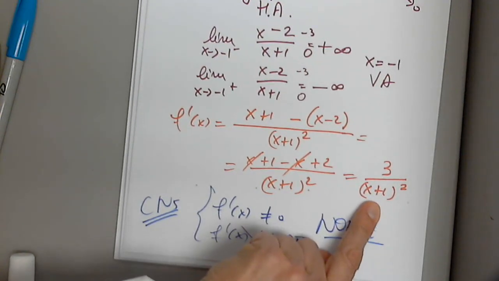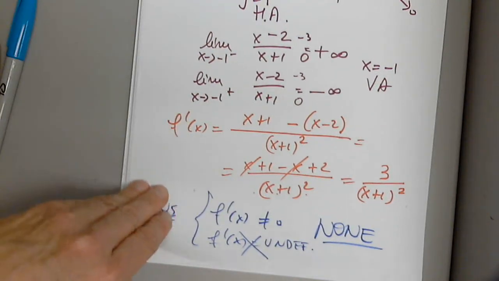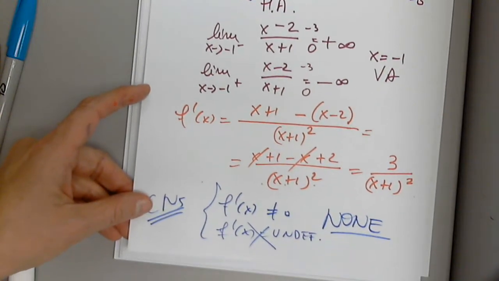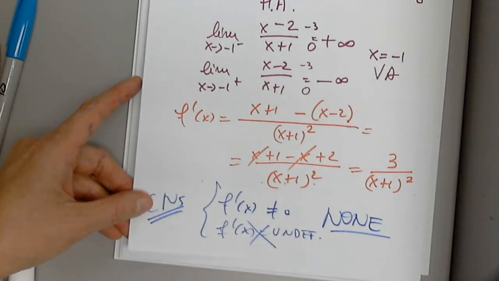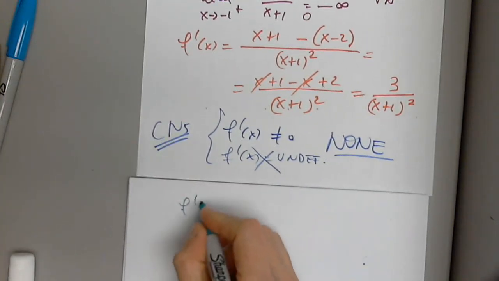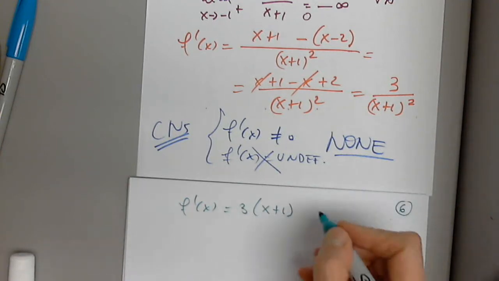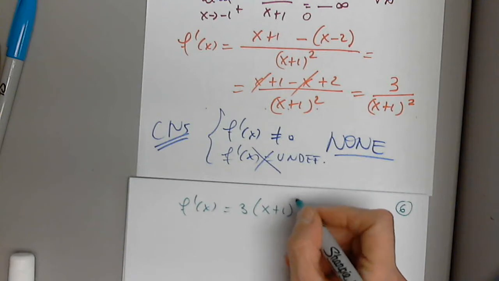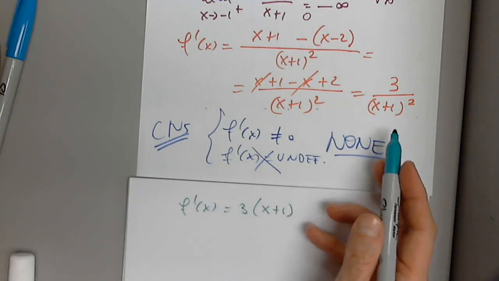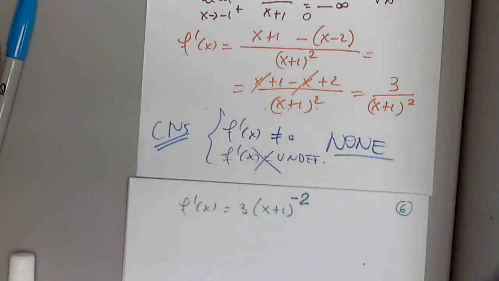I refuse to differentiate this as a quotient. Instead, 3 times (x plus 1) raised to the negative 2, but there is no square root. Yes? Exactly. Isn't this easier than differentiating that? Very good. So let's differentiate.